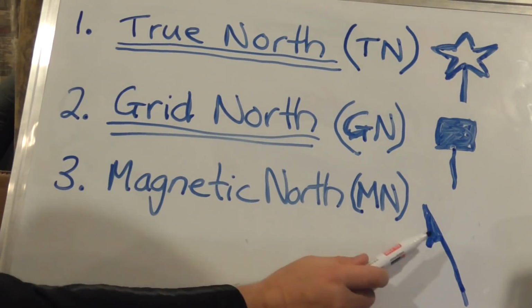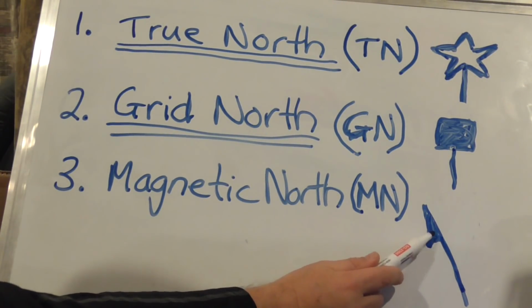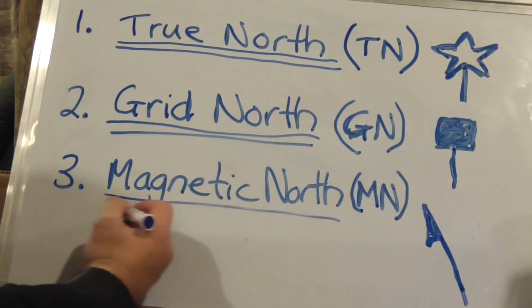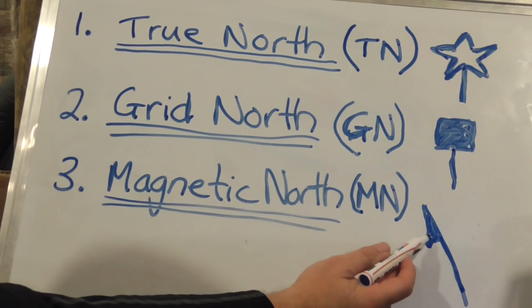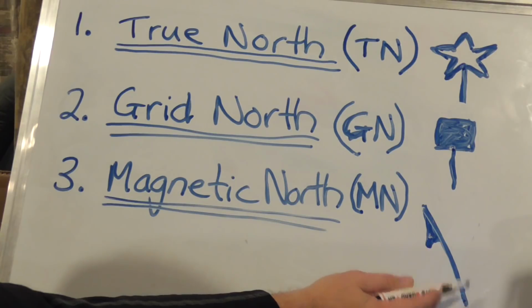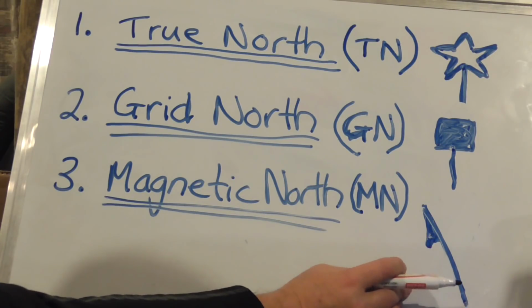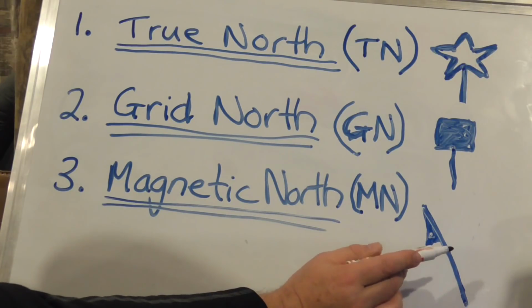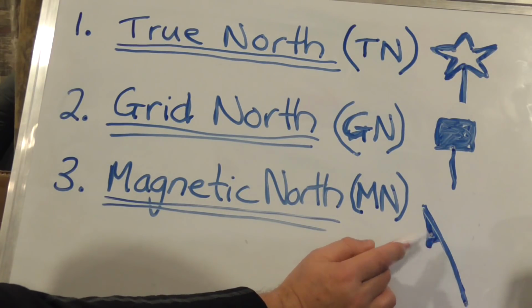And if it's on the left hand side of this line, that's normally telling us that the magnetic north has a westerly declination. So it could be on the left or right, and that's the normal symbol for magnetic north.